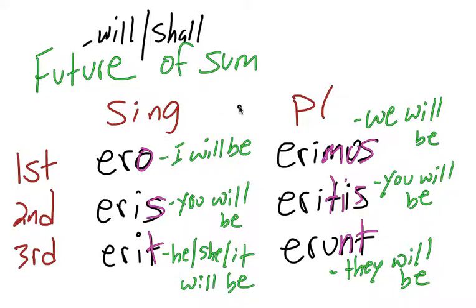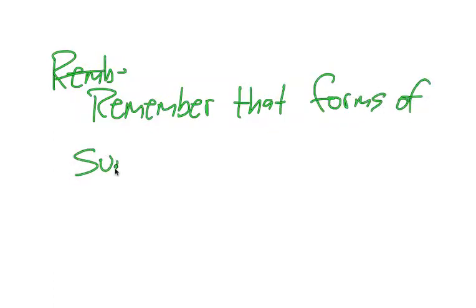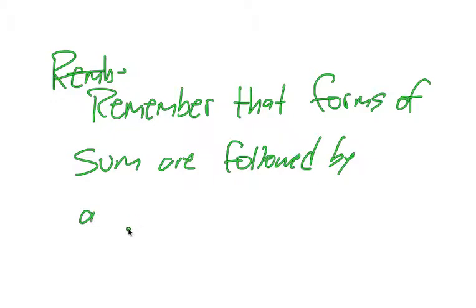Okay, so with forms of esse, whether they're present, imperfect, or future, remember that forms of esse are followed by a predicate nominative.